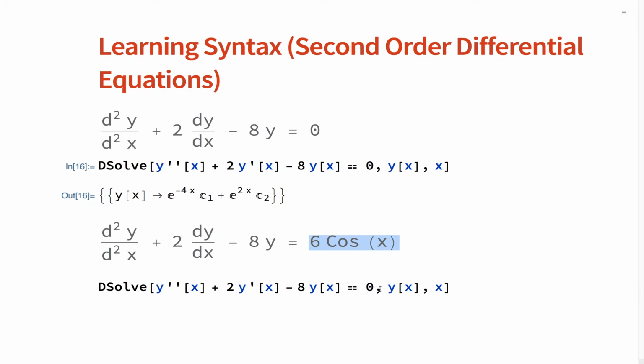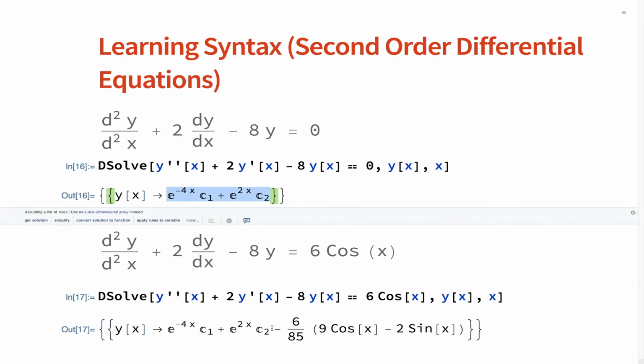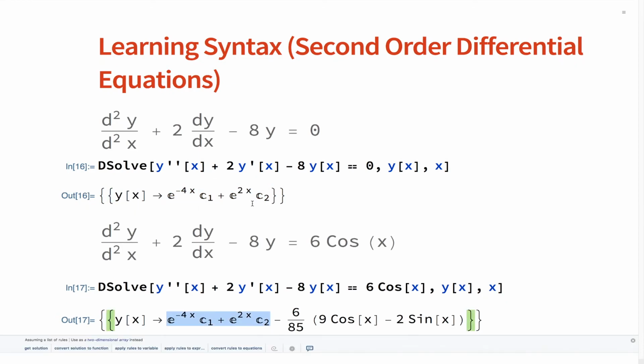So I will change this, instead of 0 to 6 function cos with respect to x. The rest remains the same. And then I can execute by pressing Shift Enter. And you see this portion is approximately the same because the arguments are the same, but due to this feature I have a different parameter value over here.